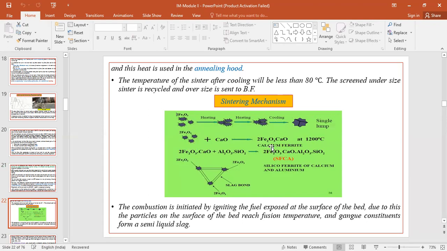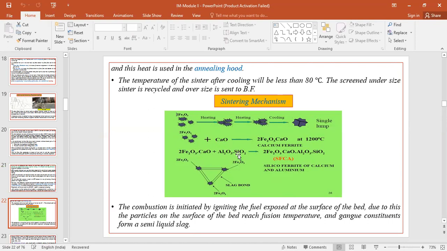Because of this, the fusion of the iron bearing particles takes place at around 1200 degrees centigrade, and because of the localized diffusion of iron bearing material, the gangue content present in the iron bearing material will come out, and that consists of Al2O3 and SiO2, and this Al2O3 and SiO2 combine with CaO and form a slag phase.